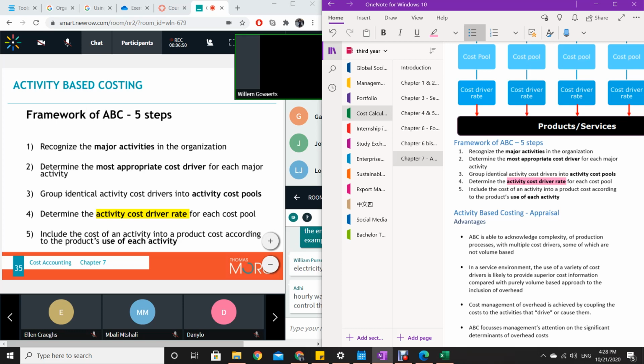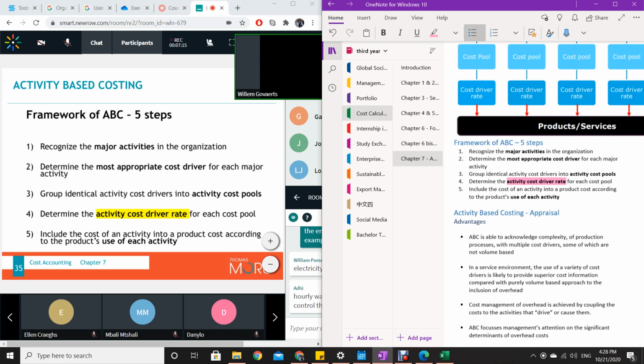These cars have different requirements, and they maybe need more inspection. The one needs maybe 5 inspection points. The other needs maybe 20 inspection points. So the total pool, the activity cost pool, which is quality check, has to be divided in a different way.